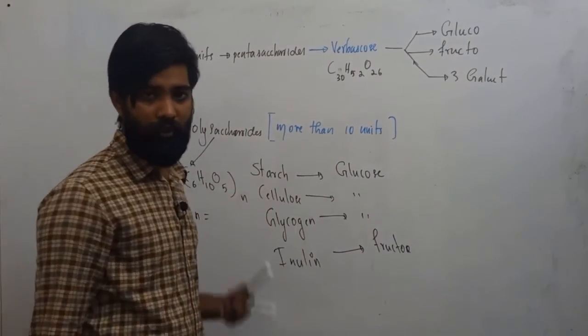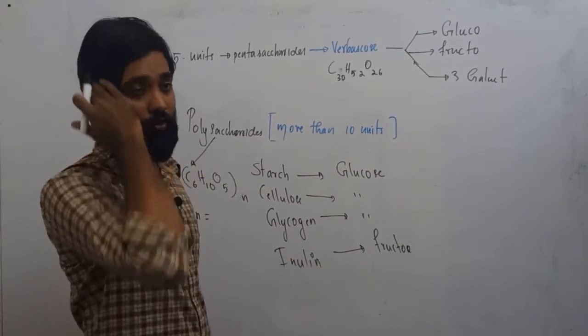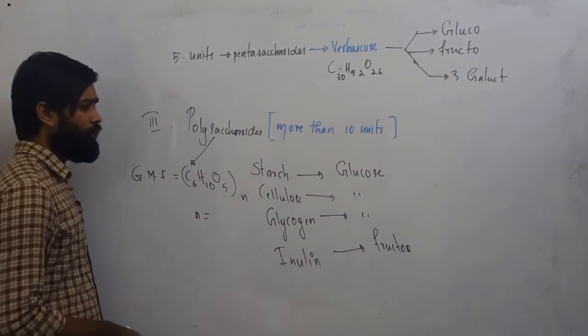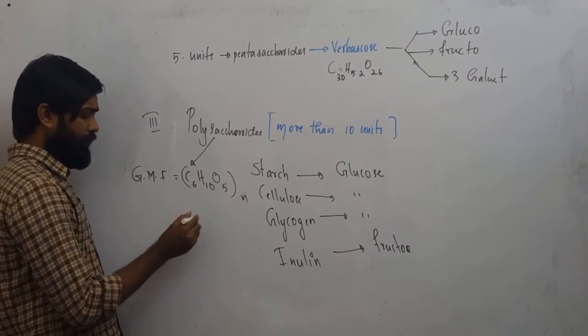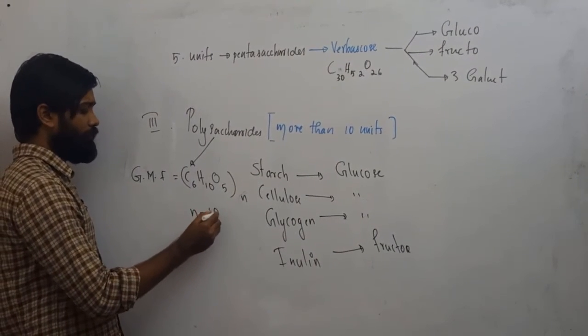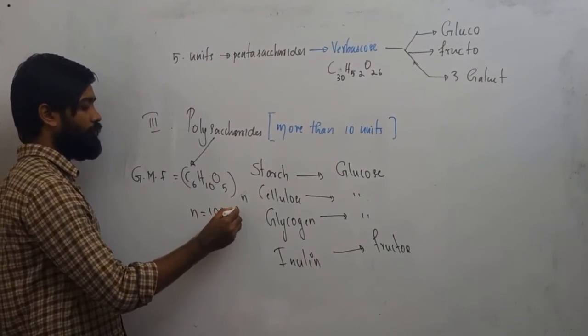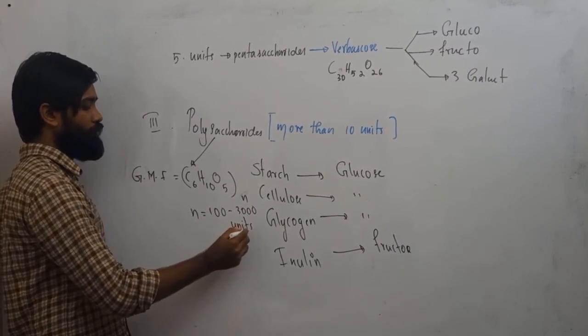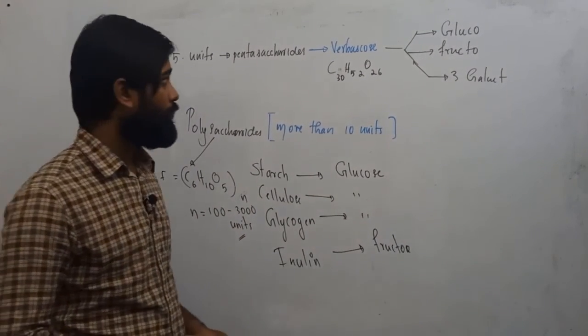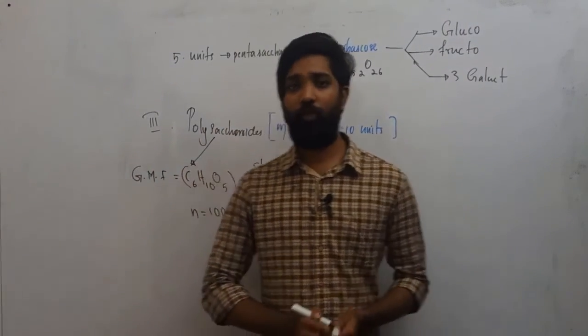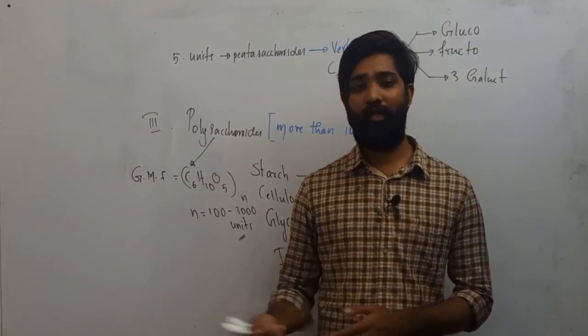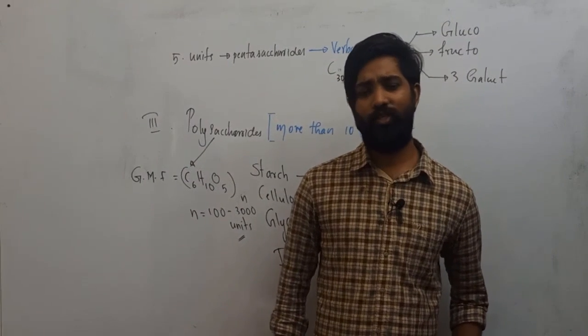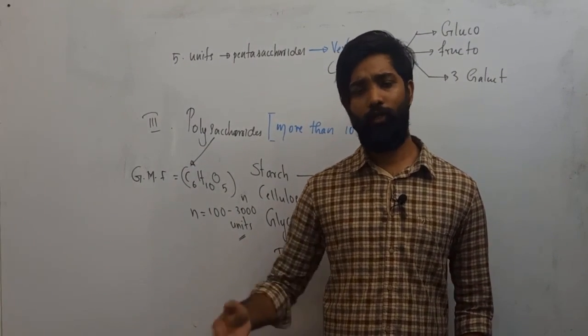More than 10 units doesn't mean there is a polysaccharide with 11 units. That's a general talk. So n may vary from 100 to 3000 usually. Okay, fine. So that's all about the first classification of carbohydrates, based on the hydrolyzable unit. The next classification is simply based on reducing property.